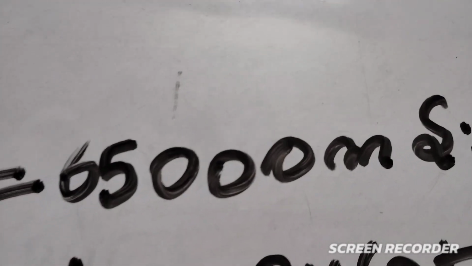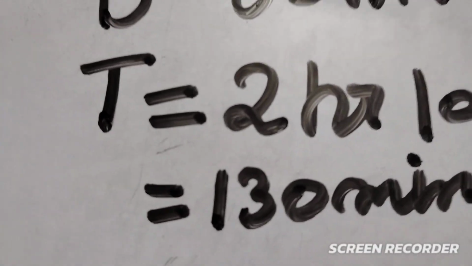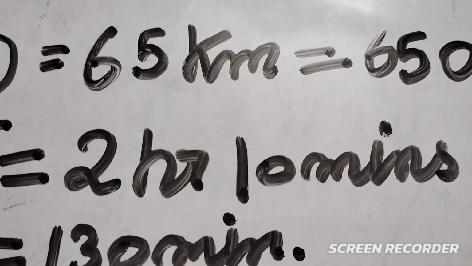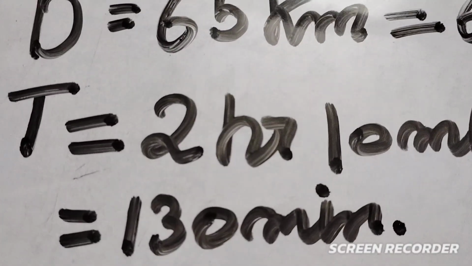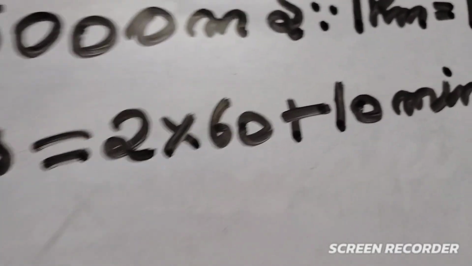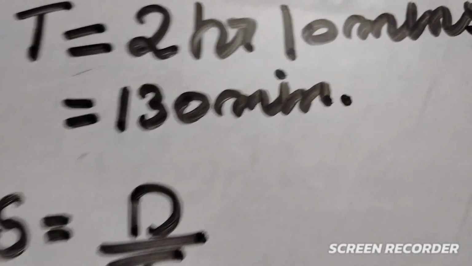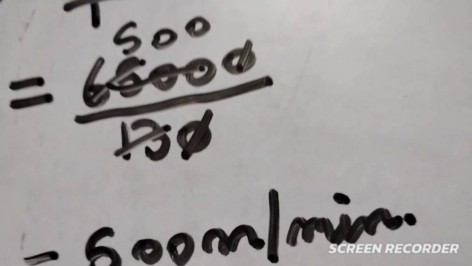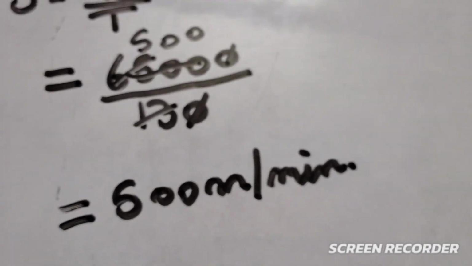The answer is 65,000 meter, and the time is 2 hour plus 10 minutes, because 10 minutes is already in minutes, and we have to convert 2 hour into minutes. So the answer is 130 minutes, because 2 hour into 60 plus 10 minute equals 130 minutes. And you know the speed, 500 meter per minute. So we have done this, and now another question. The next question we will do.